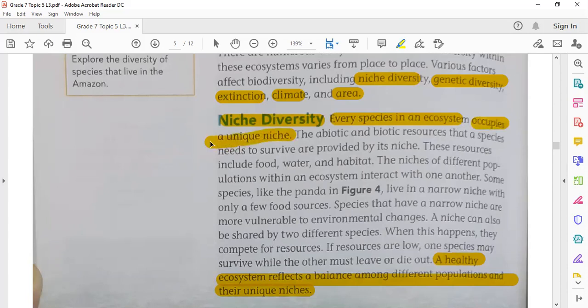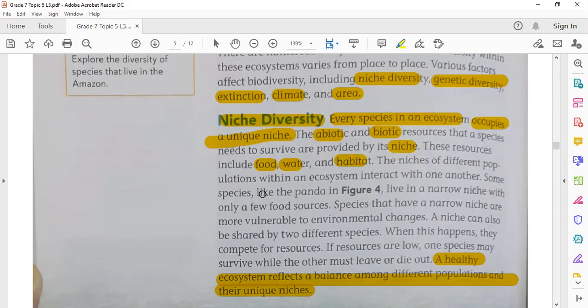It includes how it gets food, or the type of its food. The abiotic and biotic resources that a species needs to survive are provided by its niche. These resources include food, water, and habitat. The niches of different populations within an ecosystem interact with one another.